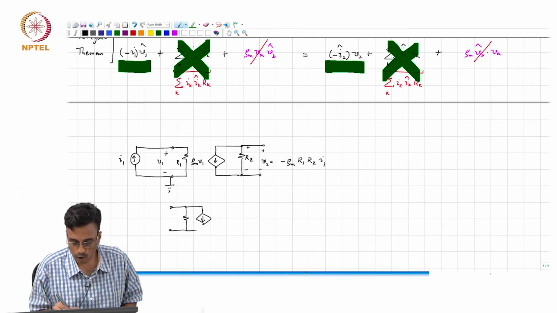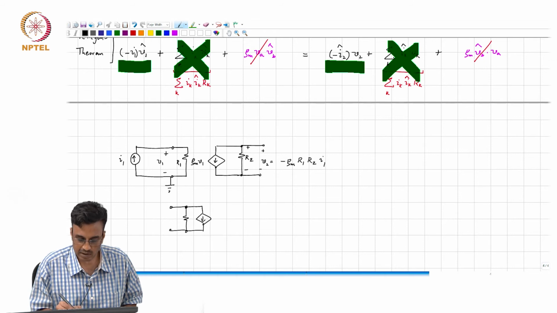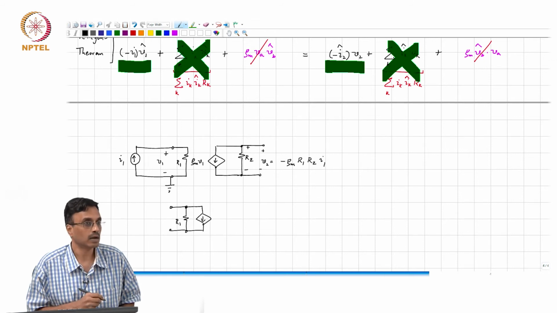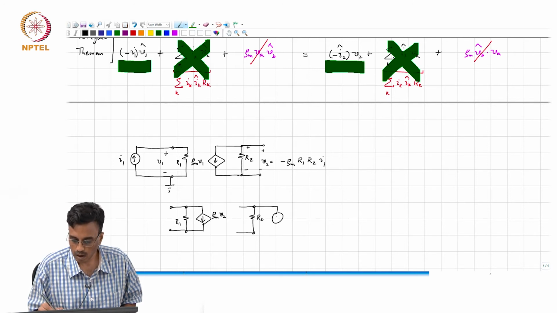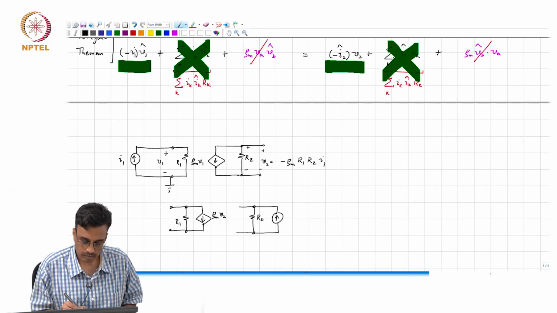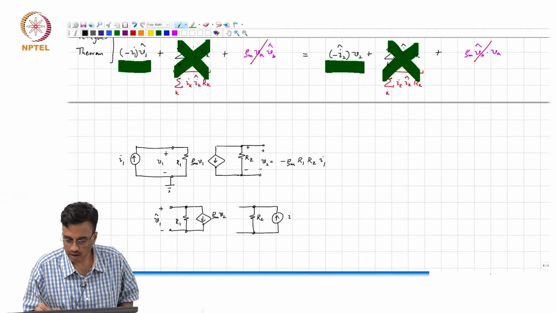The controlled port becomes the controlling port and vice versa. So, this is R1, this is Gm V2, this is R2, and this is V1 hat, and this is I2 hat.